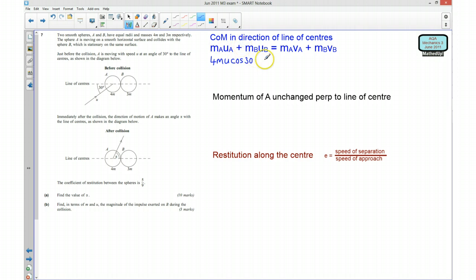Okay, and plus our mass of B, which is 3m, times our initial velocity of B. Well, that's stationary to start with, so this part here is just going to be 0.